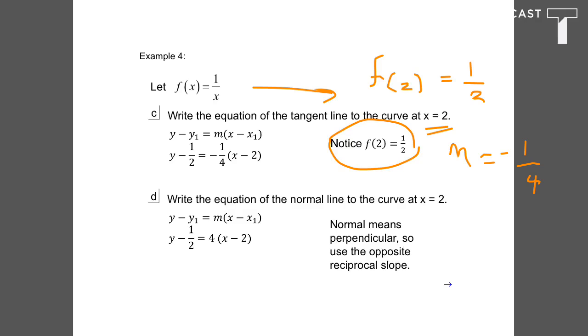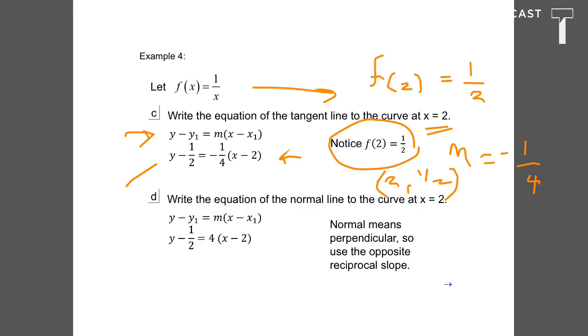And now I have my ordered pair, which is 2, 1/2, which is the ordered pair that I've used in the point-slope formula here. If you'd like to distribute and rearrange things to change this into slope-intercept form, you're invited to, but it is almost never required. So feel free, especially on my tests, to leave your answer in point-slope form. This answer would get full credit.